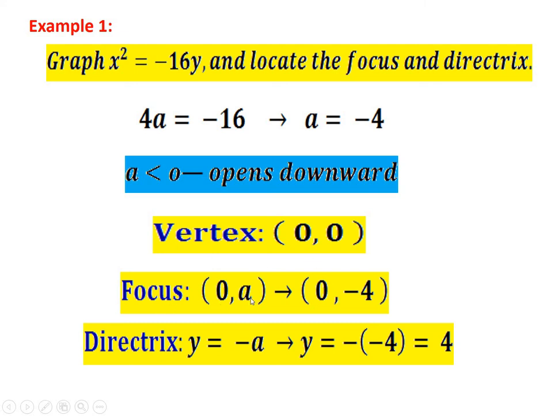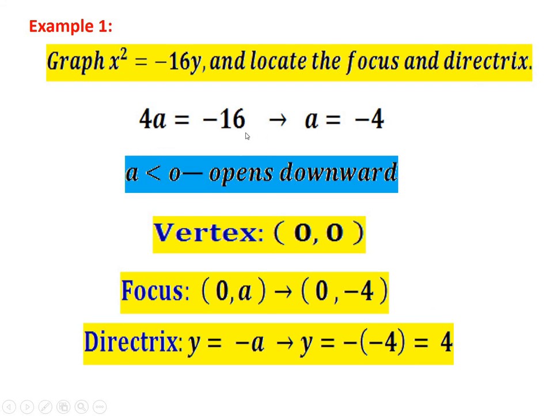The focus is 0, a, so we have 0, negative 4. And the directrix is y equals negative a. By substitution, y equals negative of negative 4, which is 4. So we answered the question because we are just going to locate the focus and the directrix.